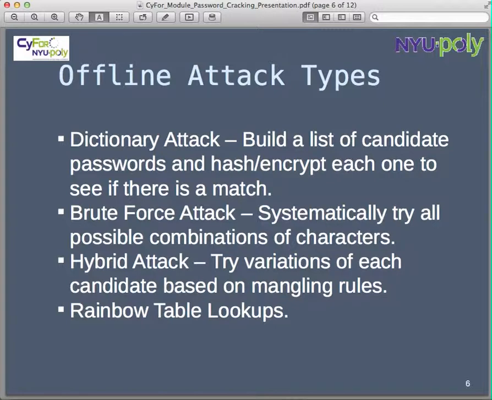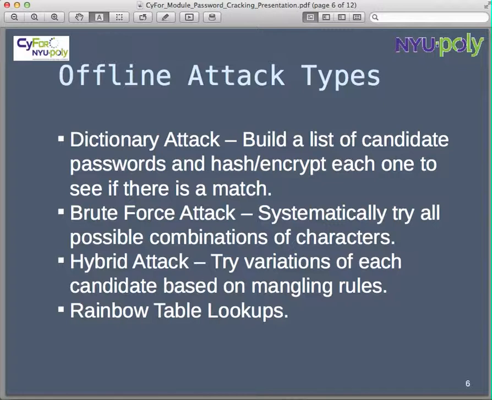So for example, you might have noticed that in some cases people will take a word, and then let's say the word contains a letter O, you replace it with a 0, or if the word contains a letter L, you replace it with a 1, or do some such transformation and create a password. So the mangling rules will try such transformations on the words in the dictionary and launch a hybrid attack.